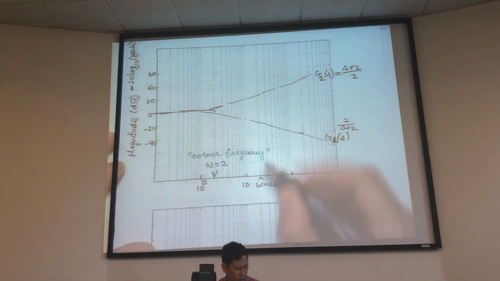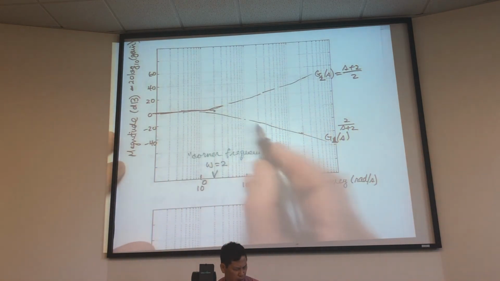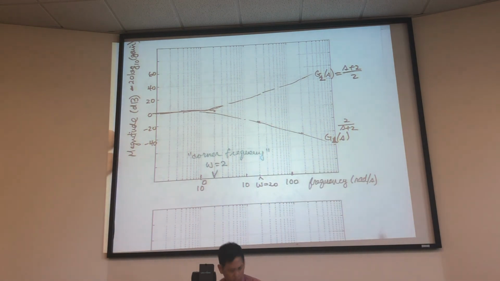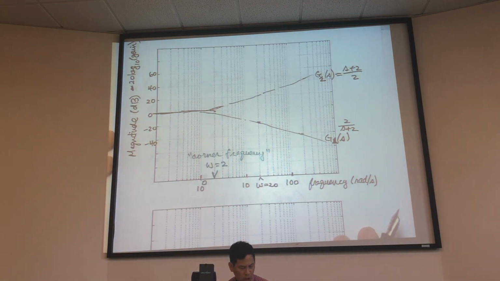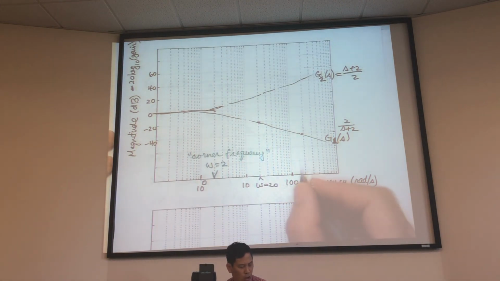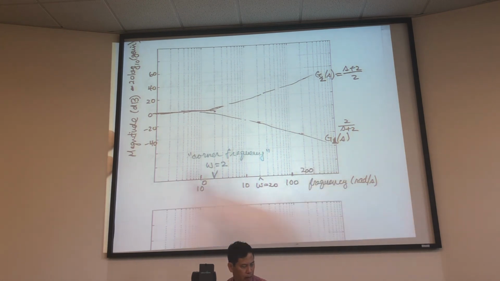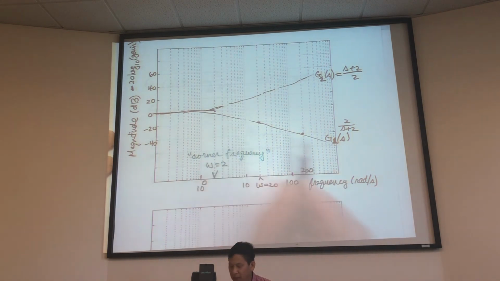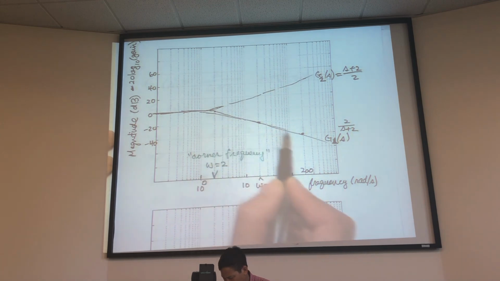Now, at omega equal to 20, come down 20 dB, put another tick right here, like so. And now you got a dot here and a dot here. You could go to omega equal to 200 right here. Here's 200. Come down 40 dB. Put a tick mark right there. Now you got 3 dots. So now draw a straight line through those 3 dots like so.